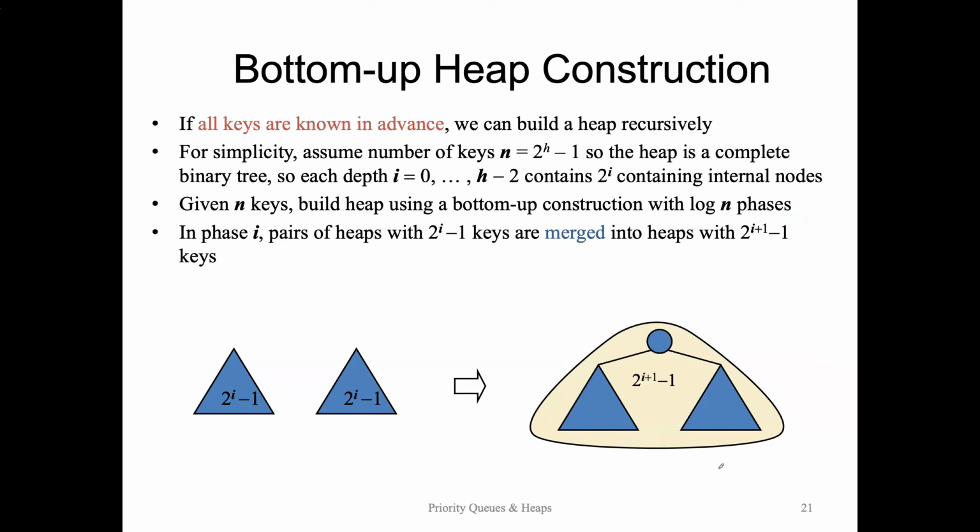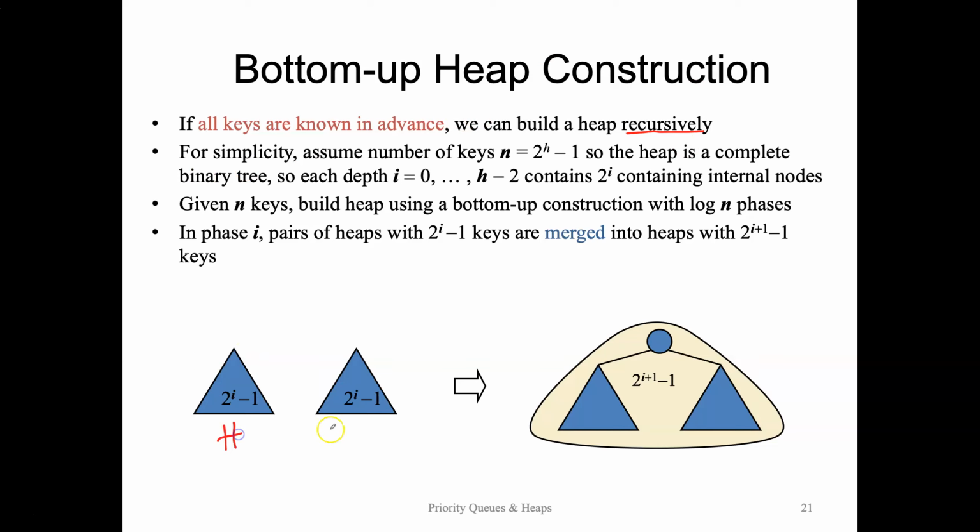So if we know in advance what all of the keys are that are going to be in our heap, then rather than calling insert item n times, we can build up a heap recursively. So this is called bottom-up heap construction. And the idea is that in order to do this recursively, we'll start off where we have two valid heaps already.